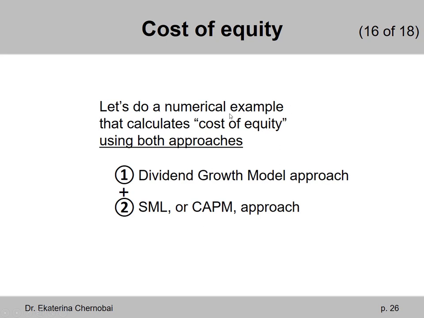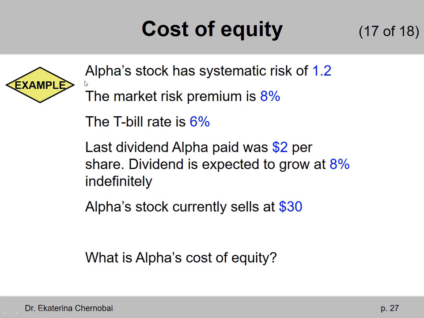So let's do a numerical example that calculates cost of equity using both approaches, the dividend growth model approach and the SML or CAPM approach. Let's say we have a company called Alpha. Alpha stock has systematic risk of 1.2. That's the beta.